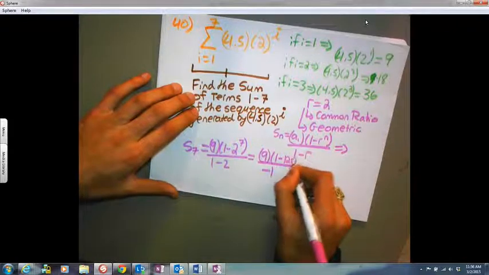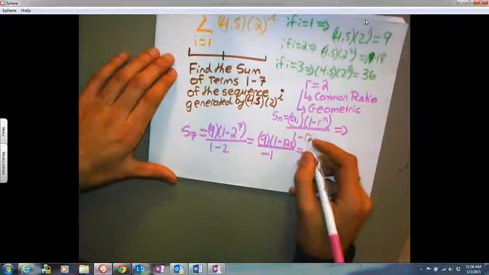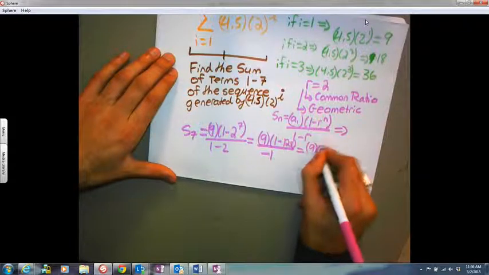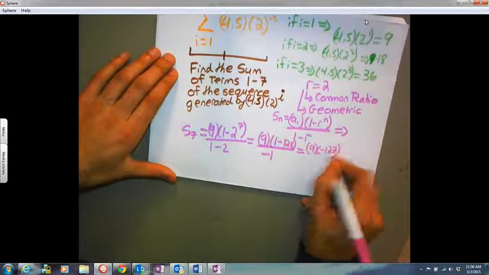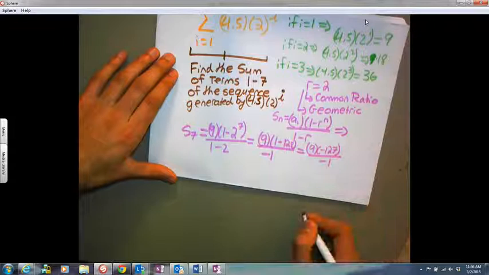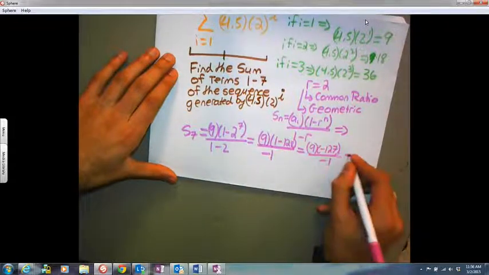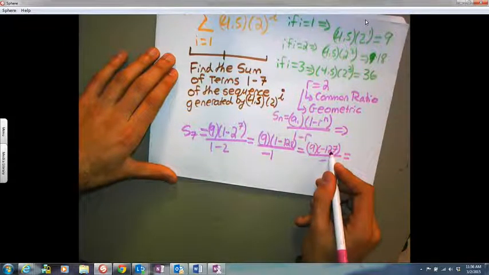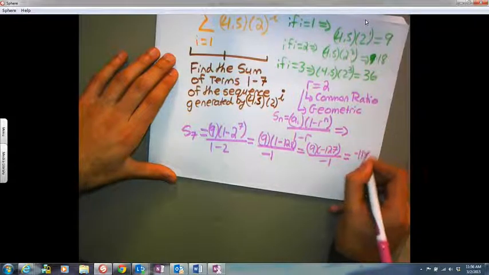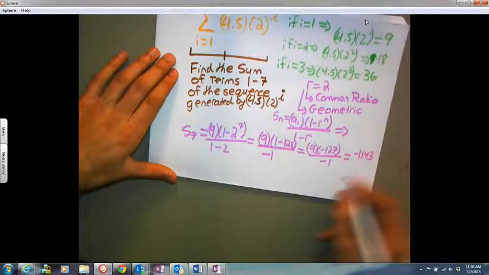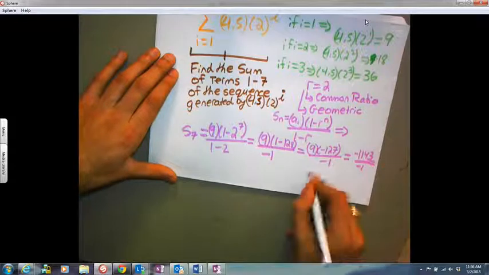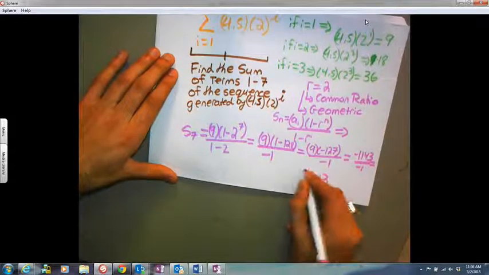So, of course, now we have 9 times negative 127 divided by negative 1. 9 times negative 127 is negative 1143, divided by negative 1 equals 1143. The negatives go away, of course, and there's your final answer.